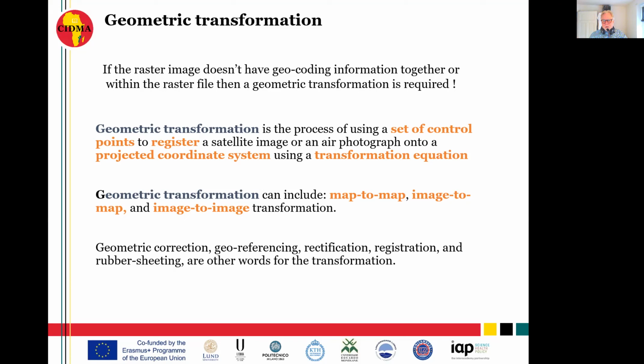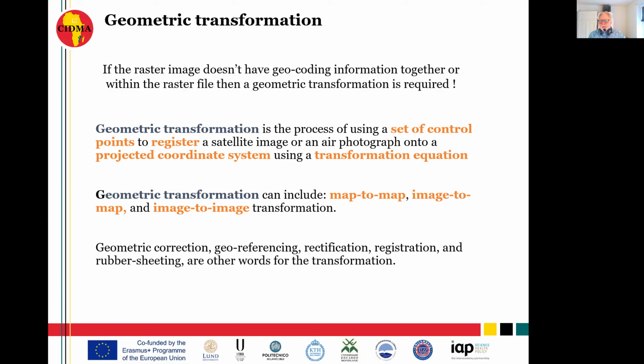Maybe we don't even know what the geometry is in the file, what projection or what coordinate system. It may just have plain coordinates according to columns and rows. And then we need to perform a geometric transformation.